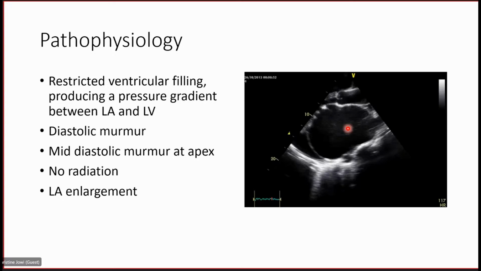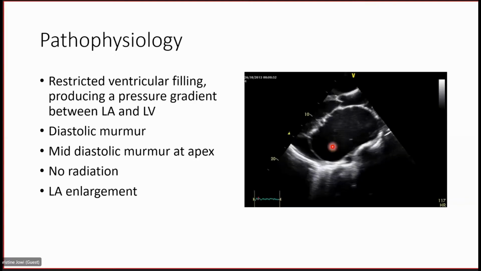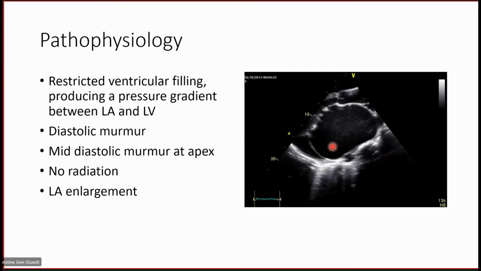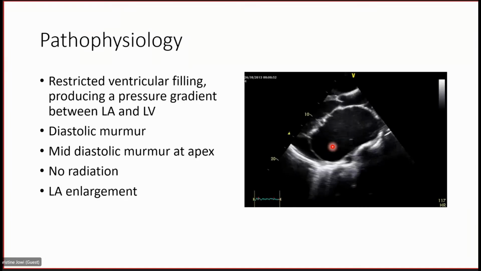Back to anatomy. The left atrium, I said, was a posterior structure. It is close to the esophagus and the trachea as it bifurcates. And the trachea bifurcates into the left bronchus and the right bronchus.